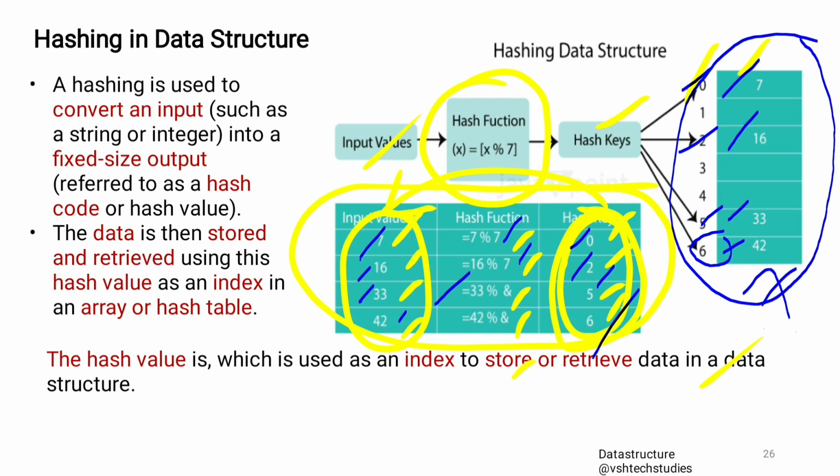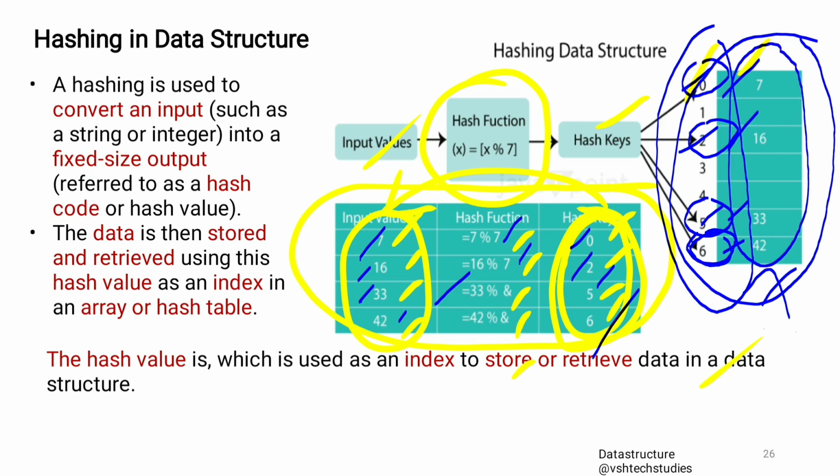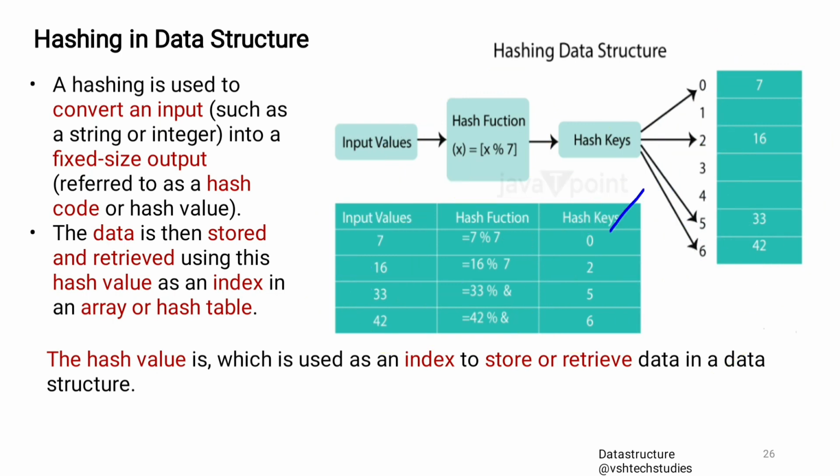So these 0, 2, 5, 6 are the key values or index values. They are also stored, and these actual data values are also stored, so both together form the hash data structure. So it has key value pairs being stored in the memory for the given data.